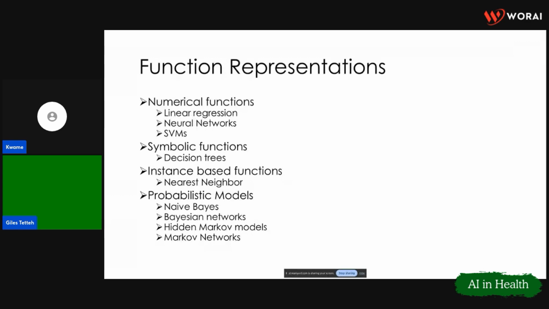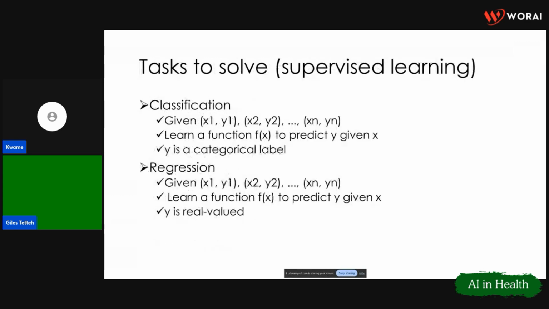Right. Now we take an example. If you are looking at supervised learning, right? So still on representation, we choose supervised learning. And then under supervised learning, normally you have two main types of tasks. One is a classification task. In classification tasks, the prediction we want to make, which is our Y, is normally a categorical label.